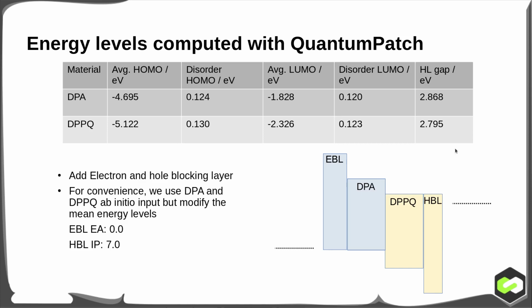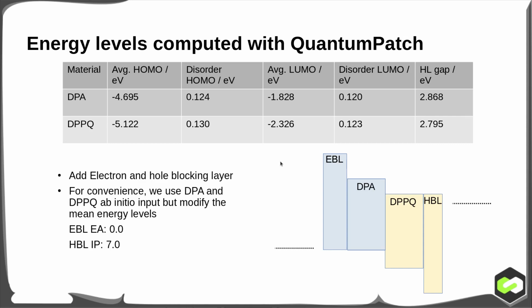For the EBL and HBL materials, we define the average EA and IP levels parametrically in such a way that on the EBL side we match the HOMO of the EBL with the DPA, and on the DPPQ side such that we match the HBL EA with the DPPQ EA, in this case the DPPQ LUMO.